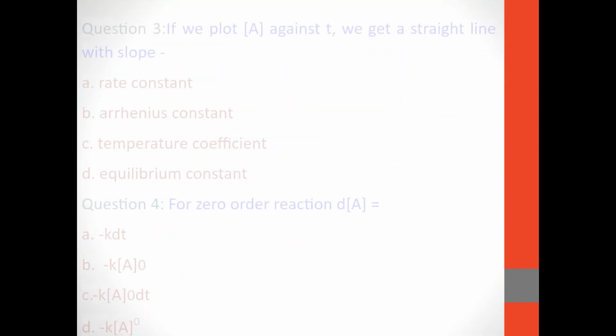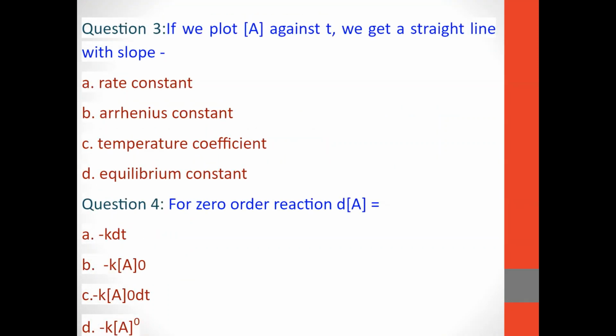Also, if we plot the graph of initial concentration against time, we get a straight line with a slope. Also the next one: for a zero order reaction, the concentration of reactant is equal to what? Like that you can solve such types of questions related to this topic.